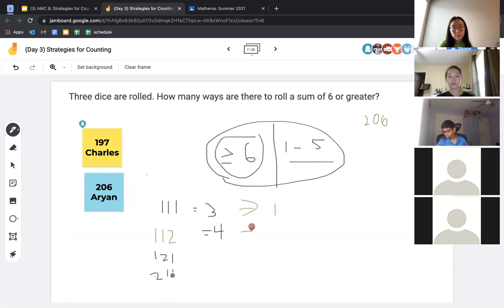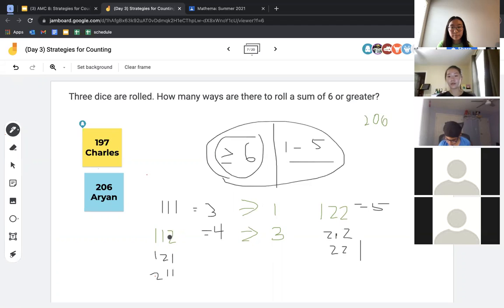For 5, it could be 1, 2, 2, and the 1 could be in 3 places, or it could be 1, 1, 4, and the 4 could be in the 3 places. So that's another 6 you subtract from it.